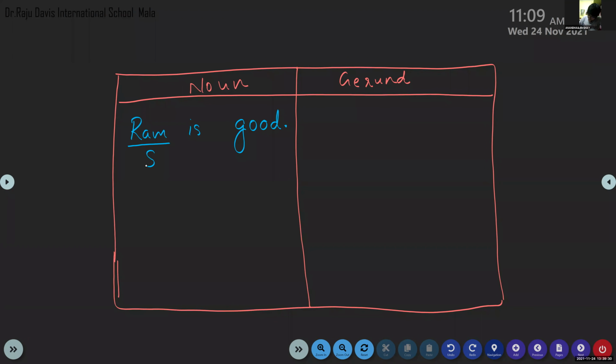In the same noun's place, I am going to write a gerund form. The gerund is reading. Reading is good. See, same sentence. In the first sentence, I have written Ram, the noun, in the form of a subject. In the same position, I have inserted reading, the gerund. So here, it is in the position of a noun. Correct? It is in the position of a subject also.